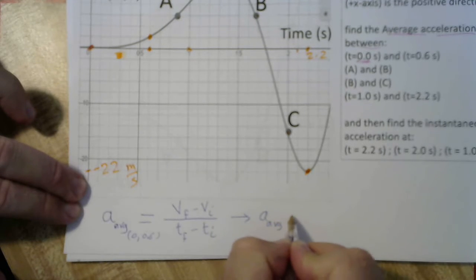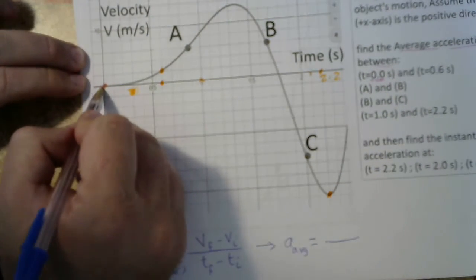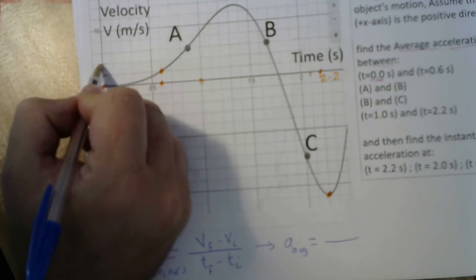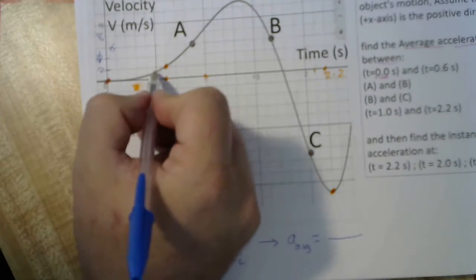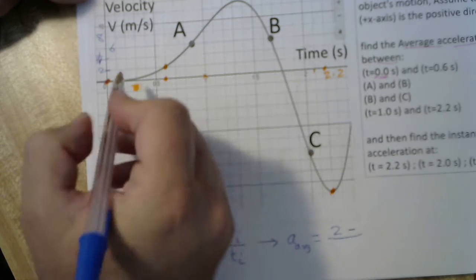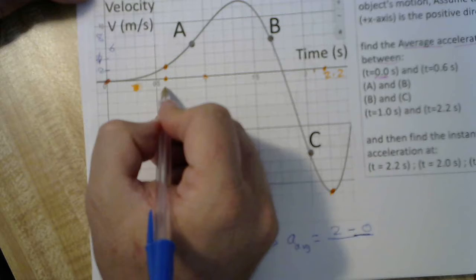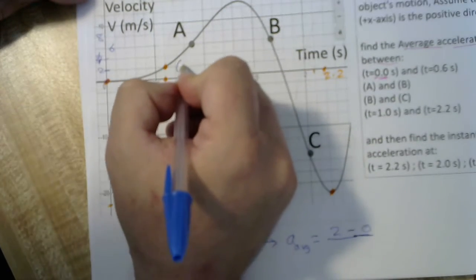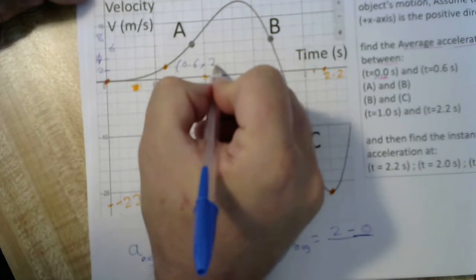The average acceleration is equal to v final. If I have this 0 and this 10, this one is 2, 4, sorry, this is 6, this is 8. So the final velocity is 2 minus the initial velocity 0. The time is here, the time is 0.6.